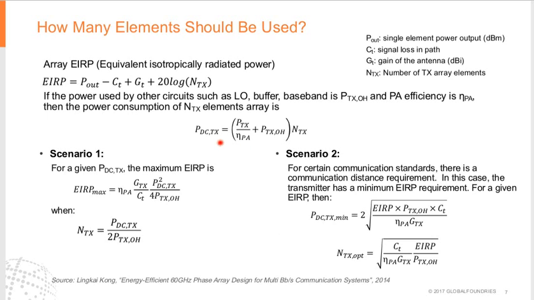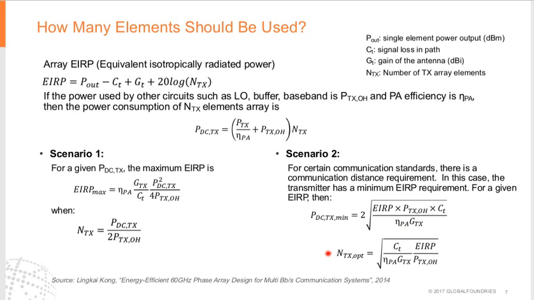In the same way, we put this equation into the EIRP equation and derive the minimum power based on the EIRP requirement. Basically, the minimum power has a positive relationship with the square root of EIRP and 1 over the square root of the PA power efficiency.